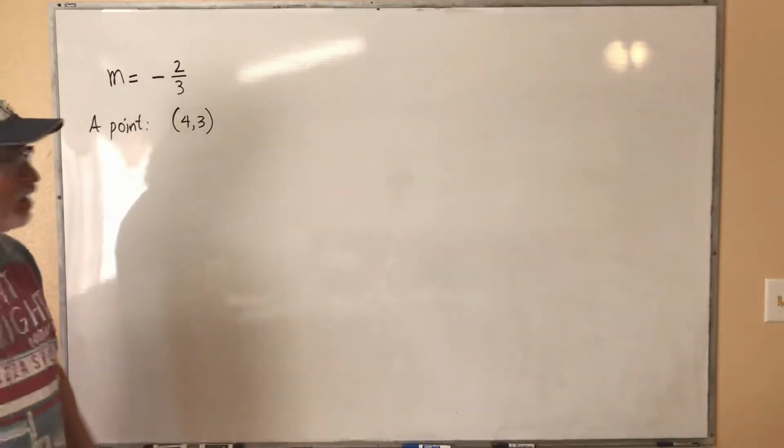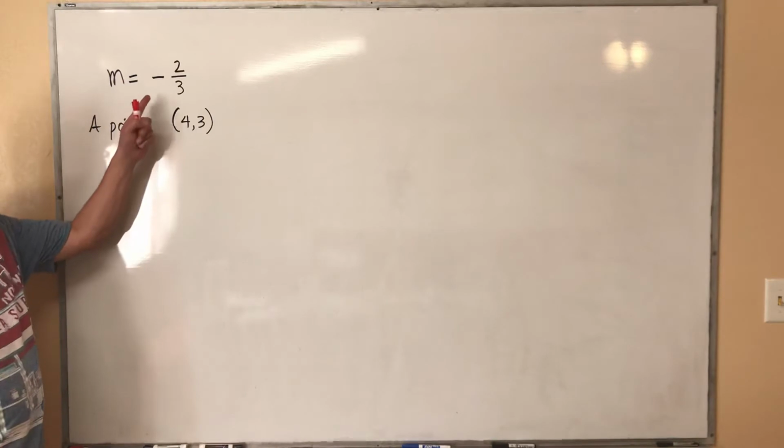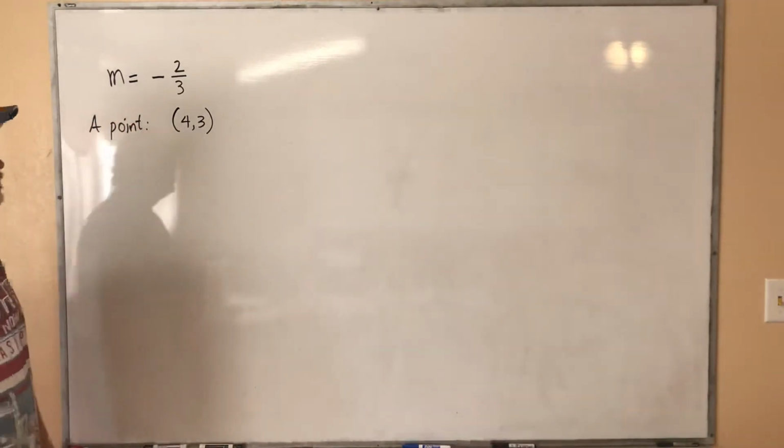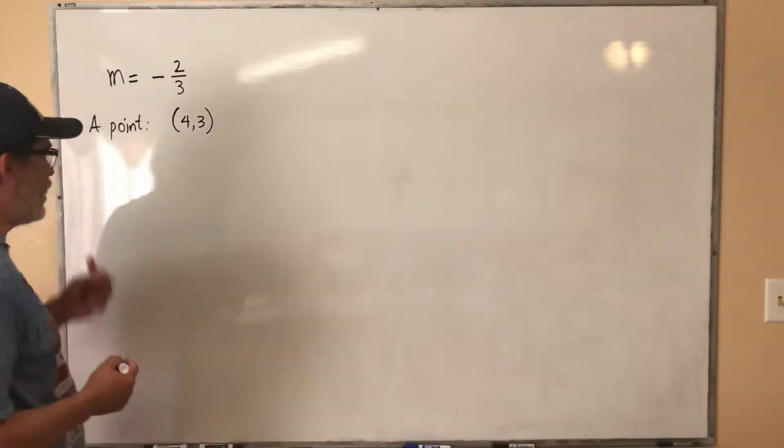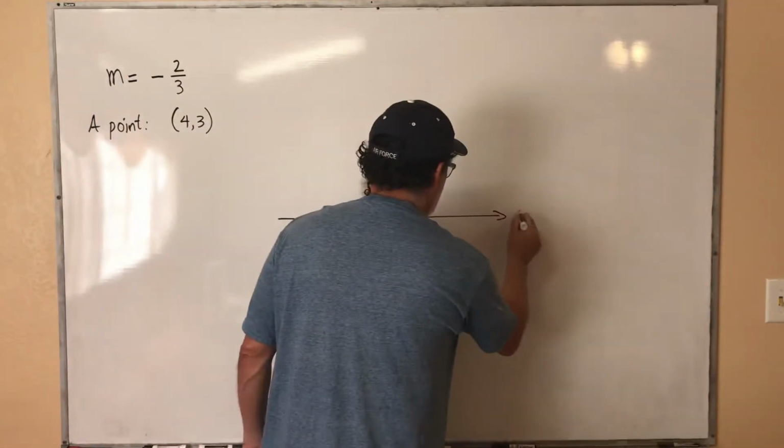Okay, here you go. We have the slope and we have a point. And so now, all we have to do, watch this. Here's x.